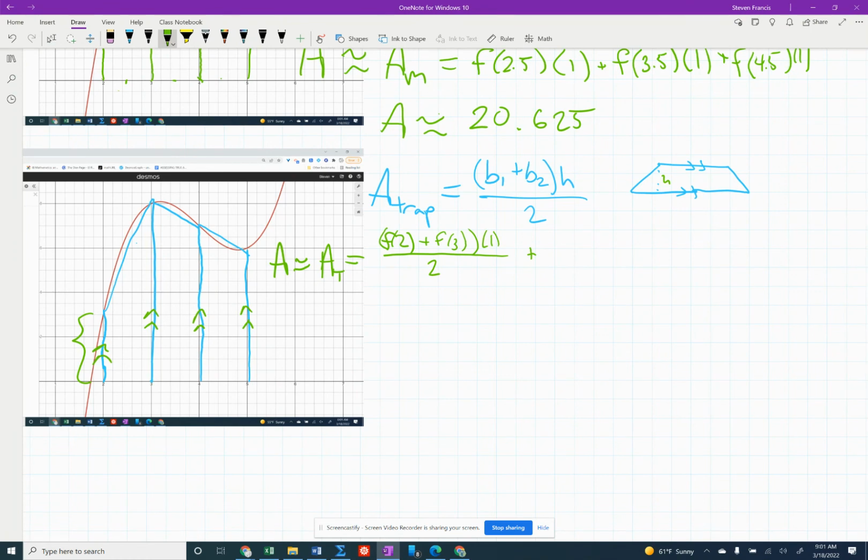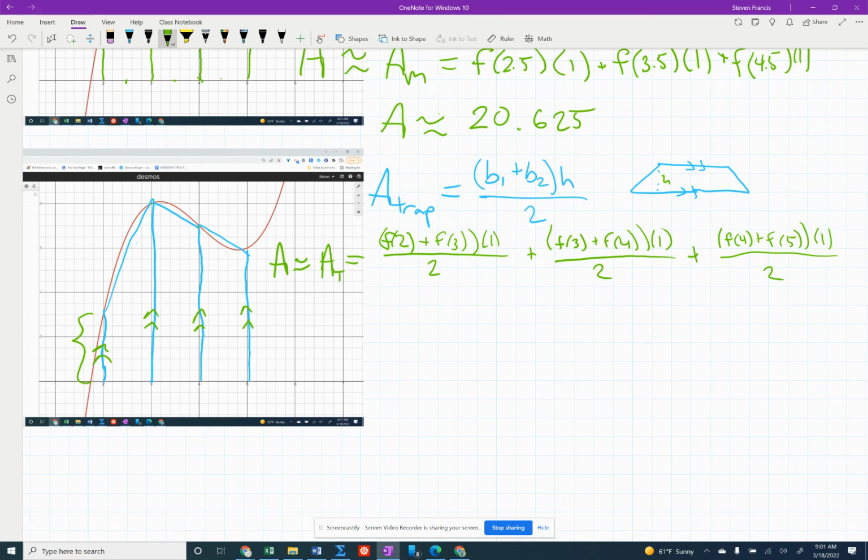The next trapezoid has a base that's f of 3 on this side and f of 4 on this side. So we're going to get f of 3 as base 1, f of 4 as base 2. We still have the height of 1, so that's multiplied there, divided by 2. The last trapezoid, f of 4 is base 1, f of 5 is base 2, so f of 4 plus f of 5 times the height divided by 2.